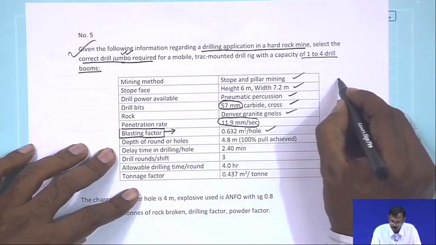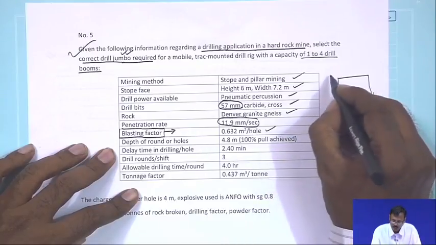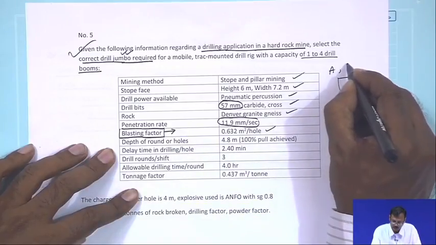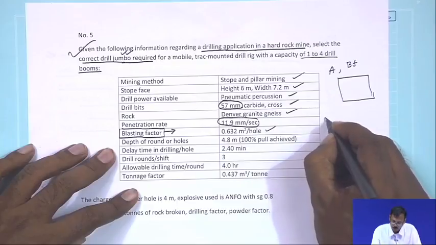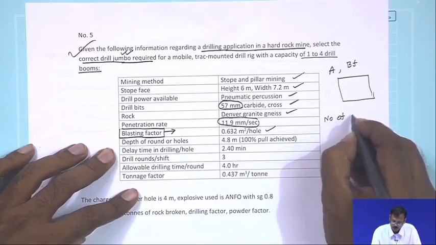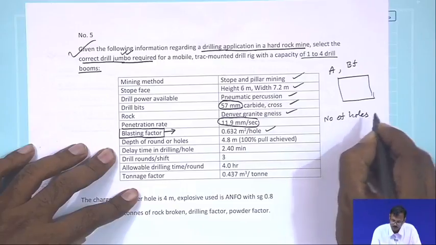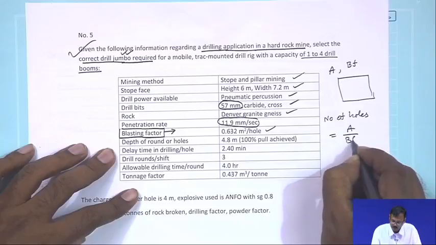That means, if this is the opening, the cross sectional area of the opening is A and the blasting factor is Bf, then the number of holes is equal to A by Bf.